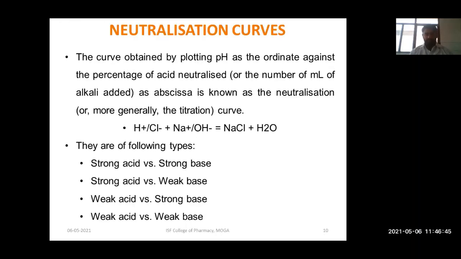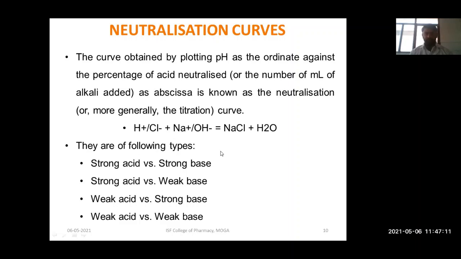Neutralization curve. The curve obtained by plotting the pH as ordinate against the percentage of acid neutralized, or the ml of alkali added, on the abscissa is known as the neutralization curve, or generally known as the titration curve. I'm showing you a simple reaction of HCl and NaOH, giving you NaCl and water.